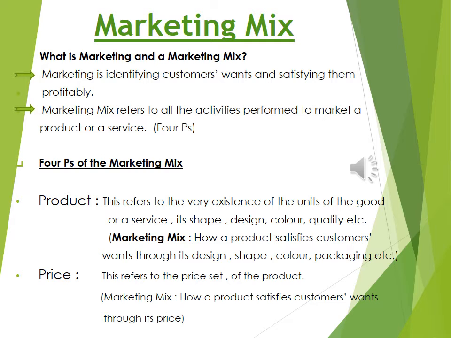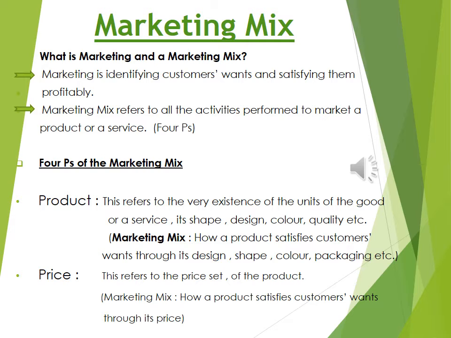Now what is the meaning of that? All the activities that go into a product which satisfy the needs and wants of the customers profitably and efficiently come into marketing mix.